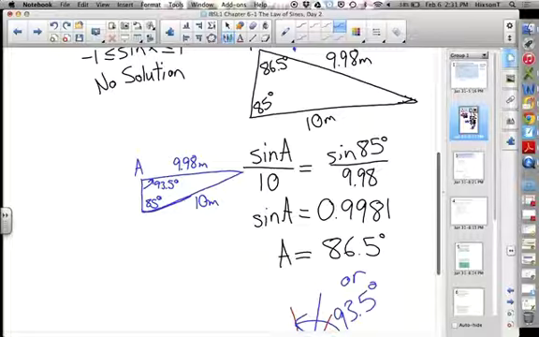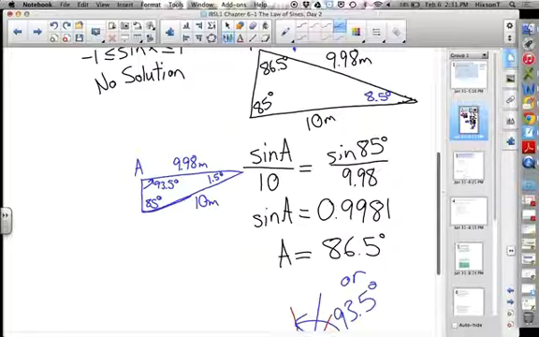So it'll be obvious. With sine, though, we have two possibilities. And in each case, this third angle would be a little different. This will be 1.5 degrees, or this one will be 8.5 degrees. Both of those are valid answers.